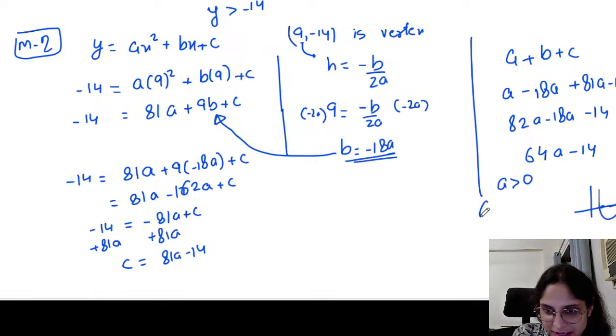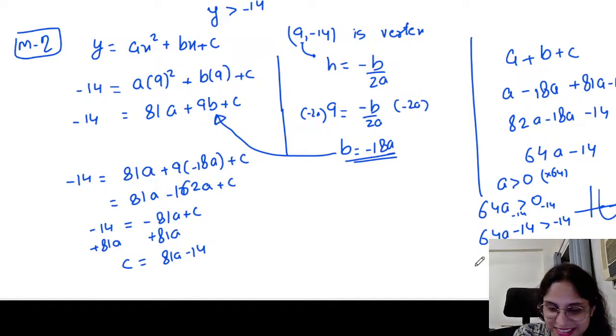That means 64a is going to be a positive number. That means 64a minus 14 is going to be greater than negative 14. That means a plus b plus c has to be greater than negative 14. That's what they do.